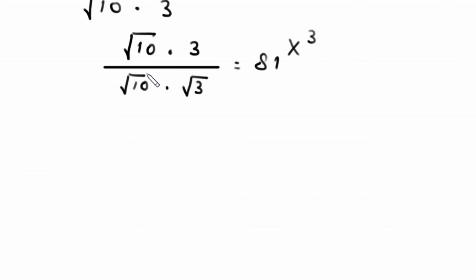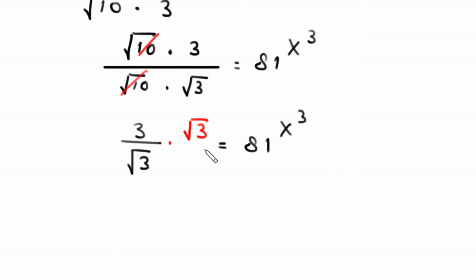Now this root 10 will be cancelled out and we are left with 3 divided by root 3 equals 81 to the power x cubed. Now to rationalize the denominator, we multiply and divide by root 3.